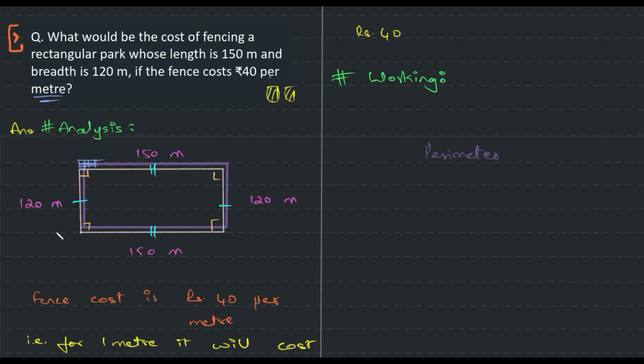So what length I am fencing. So basically we are figuring out the perimeter. So once I know that, what next? Then figure out the total cost.